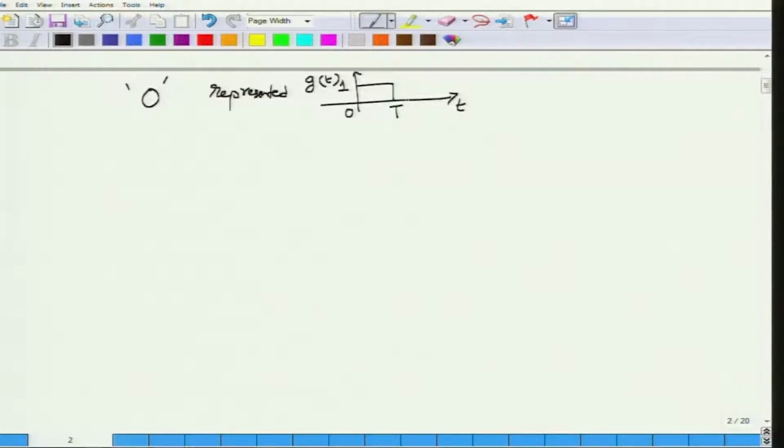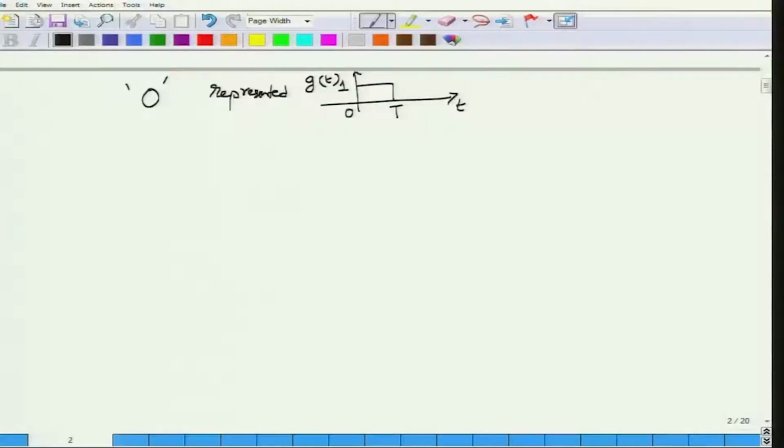So if you are someone who is looking at the time varying waveforms, the moment you get this pulse, you can say that, oh, the transmitter is trying to send a symbol 0 to me. Okay. So that is how you would know the mapping from the symbol to waveform. Okay. So this mapping from symbol to waveform is, of course, decided by you.